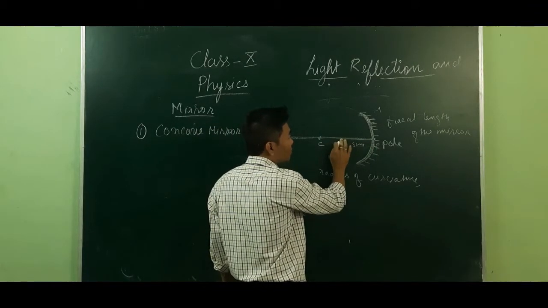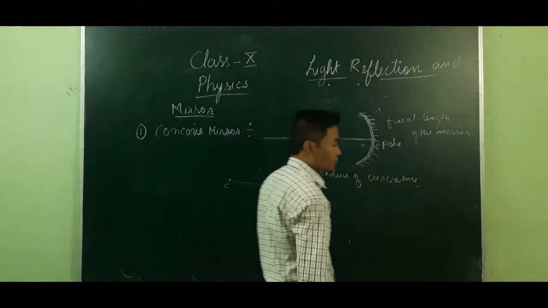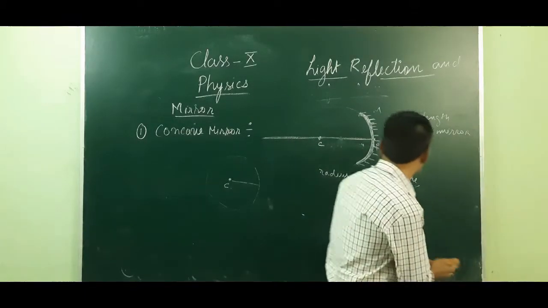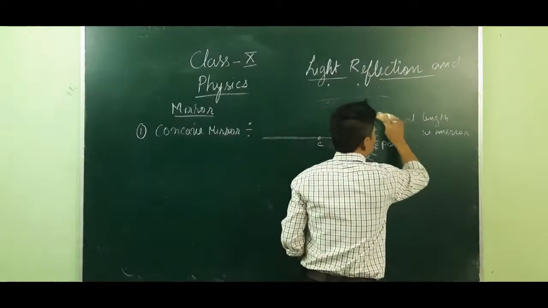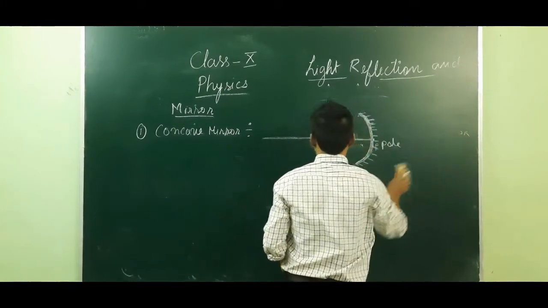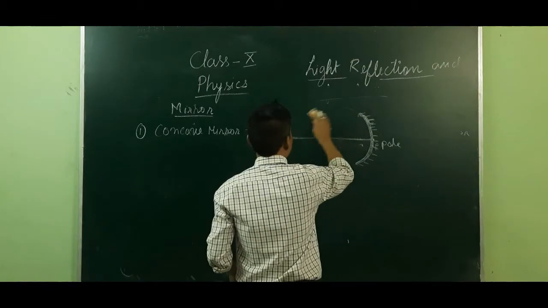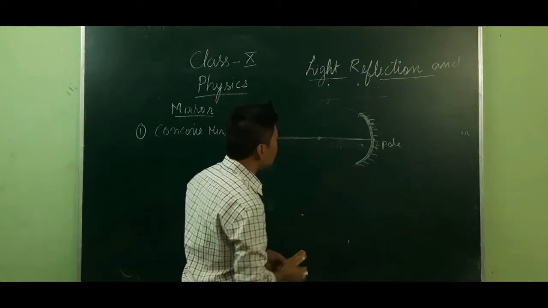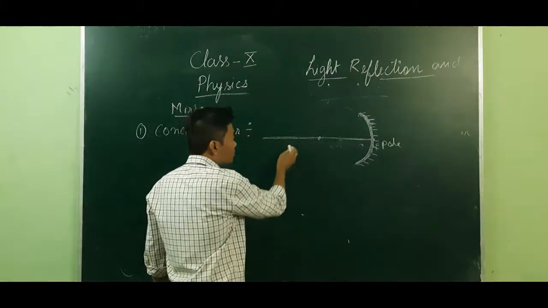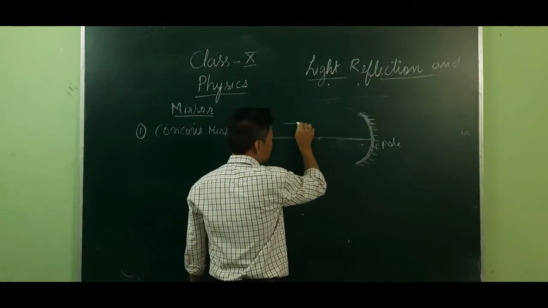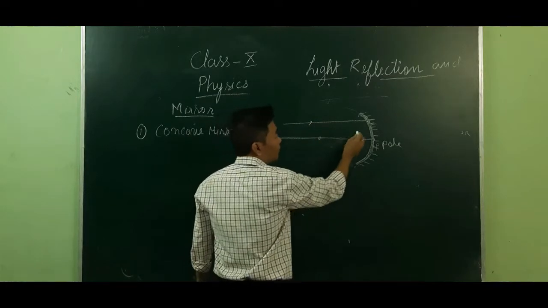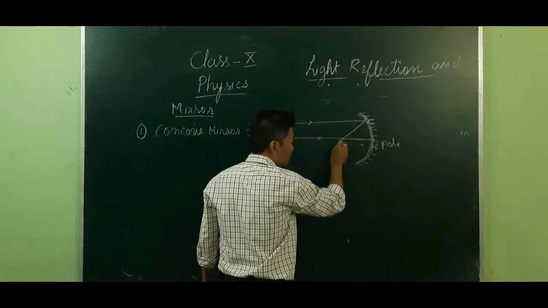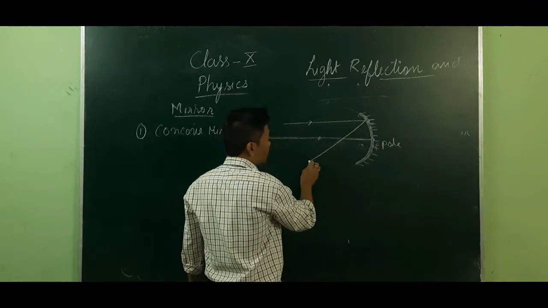Now how does the focus come here? The focus comes here because if a light ray parallel to this principal axis goes like that, when it hits this mirror, after reflection, it's going to intersect at this principal axis at this point.